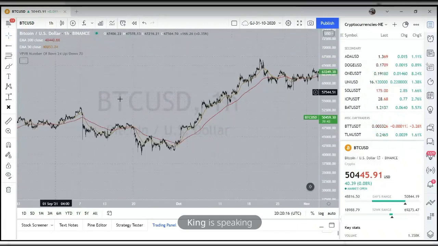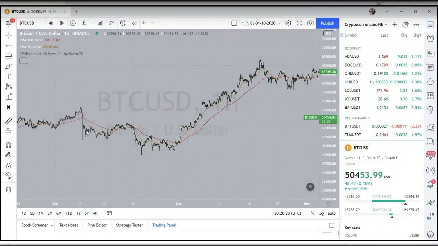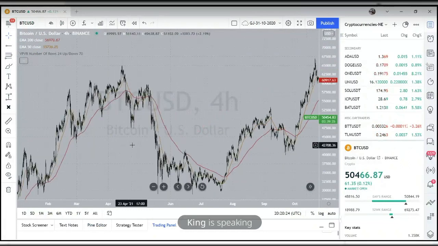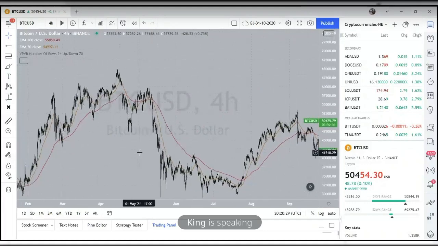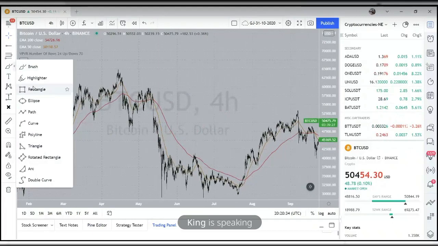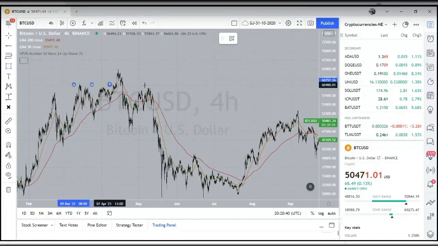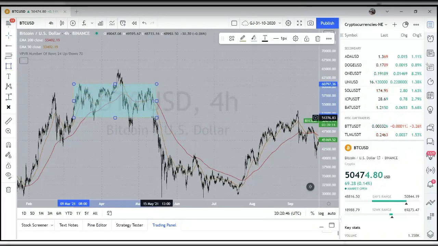So if I just zoom out, even though it's a fairly long period on higher time frames, this is what they would call consolidation. I'm gonna take it from here. I'm just gonna look at this range here.